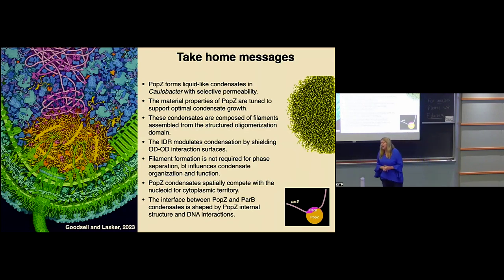Yeah. So I think one of the beautiful things about our system is it's modular, and we're able to make alterations in a domain that doesn't affect any of the binding interfaces. So the binding interfaces are maintained.